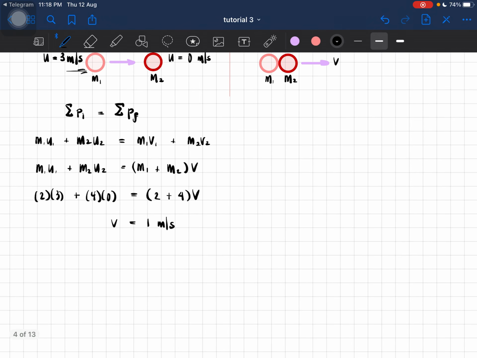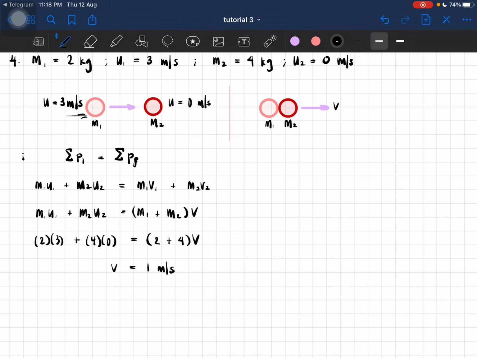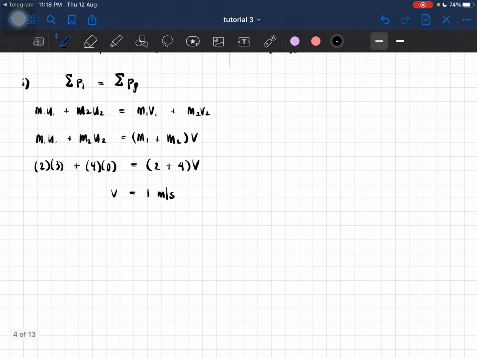Okay, and then we have to find the total kinetic energy both before and after the collision. We know that kinetic energy can be calculated using the formula half mv square. Always remember the square, because a lot of my past students forgot to write the square. They just remember to write the half, but they don't write the square.